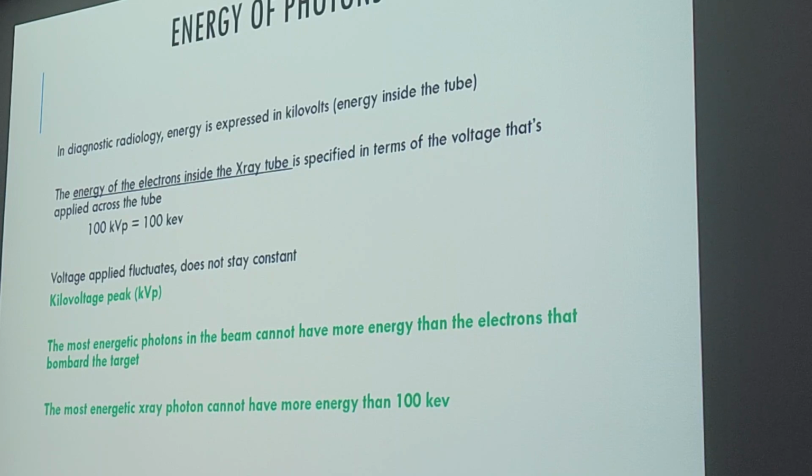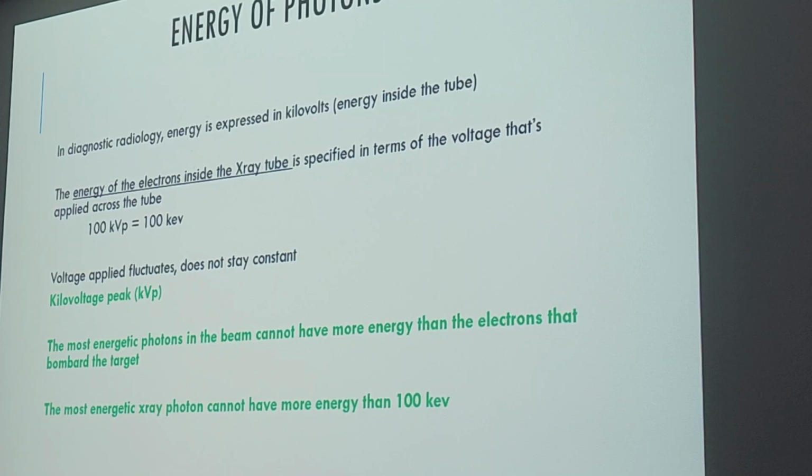So the most energetic photon in our beam is going to have what? 120 kV. And our most energetic electrons will also have 120 electron volts. So when we set 120 kVp, our most energetic X-ray will be 120, and our most energetic electron will also be 120. It's just a difference in how we express it. Instead of kVp, it's going to be keV.